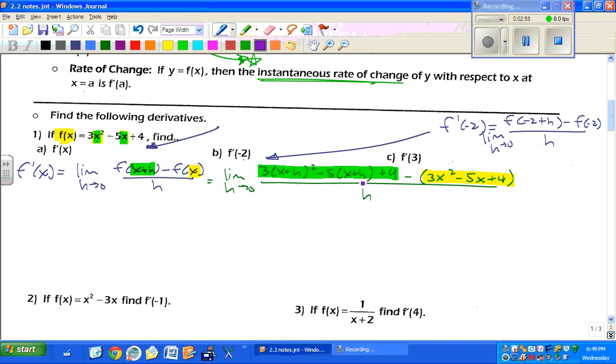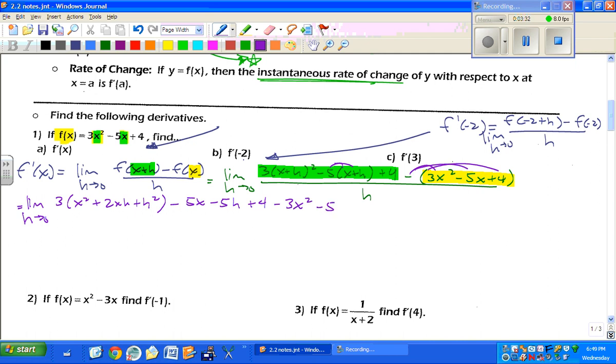Now, like you've seen the past few days, we just have a bunch of algebra to do next. So x plus h squared, we're going to multiply that out. Remember, that's x plus h times x plus h. That would give us x squared plus 2xh plus h squared. Minus, distribute that 5, we get minus 5x minus 5h plus 4. And distribute our minus into this trinomial.